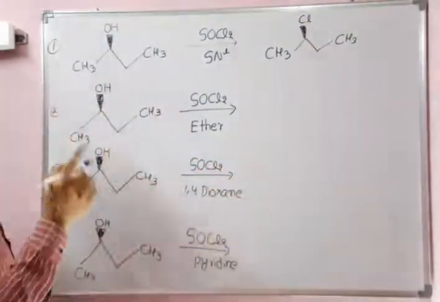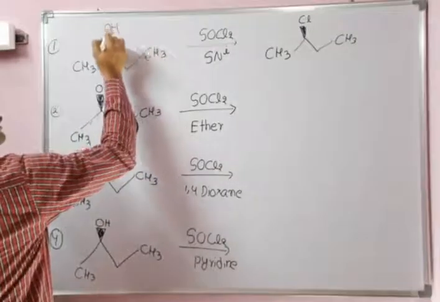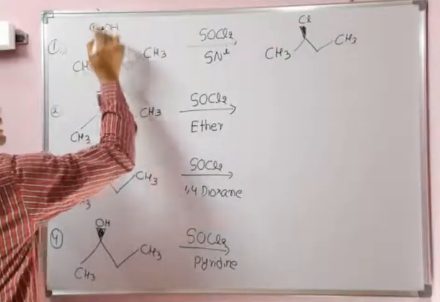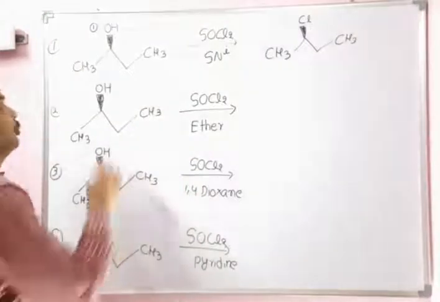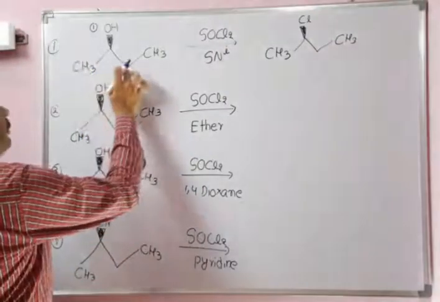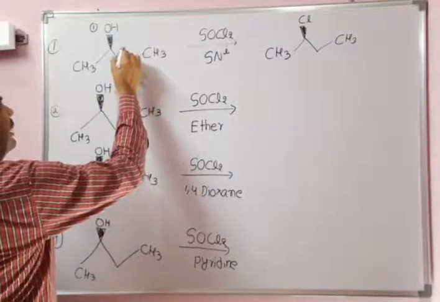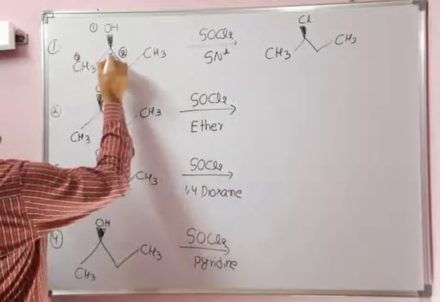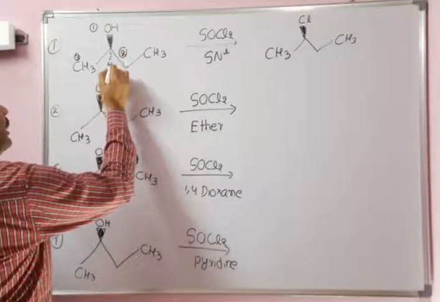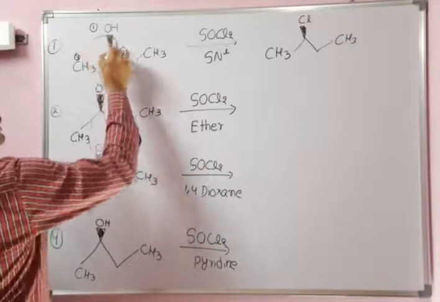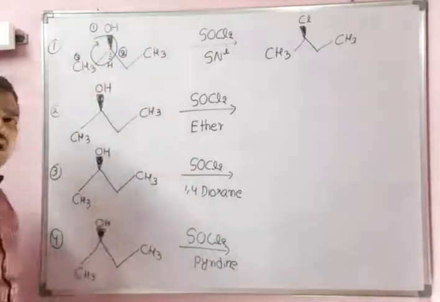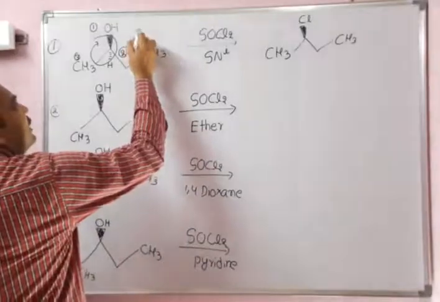See, what is the configuration here? In the alcohol, the directly attached atom oxygen has the first priority. Carbon to carbon, second priority, third priority, and hydrogen is below the plane, that is the fourth priority. So 1, 2, 3 is clockwise, and hydrogen is below the plane, that means this is the R isomer.